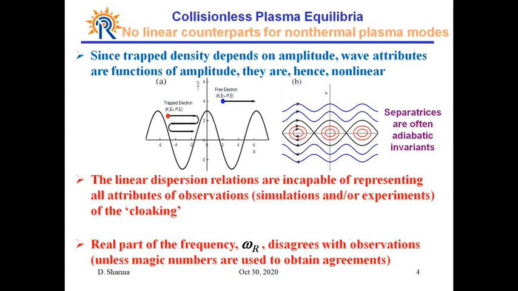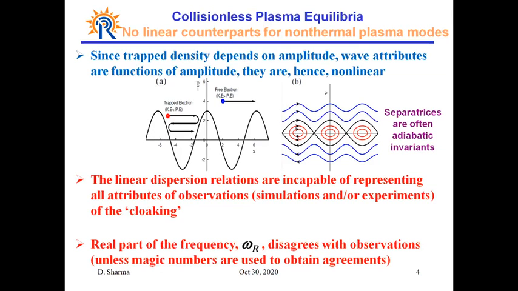Another thing is sometimes it's very tempting to use linearly obtained results like real frequencies from the linear theory, and then try to match the results or to benchmark the results from the simulations or even from the experiments. But it is generally very deceiving, because sometimes you have in linear theory some important parameters which are not well known, and one can always match the results. It does not mean that the real frequencies are really described in linear terms.